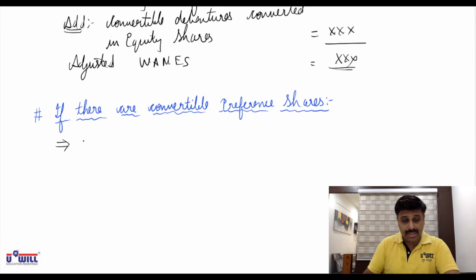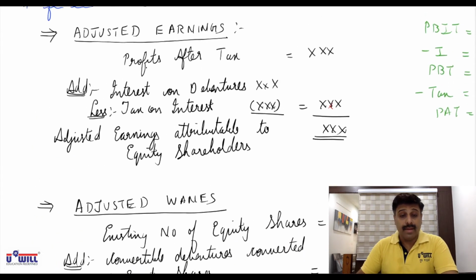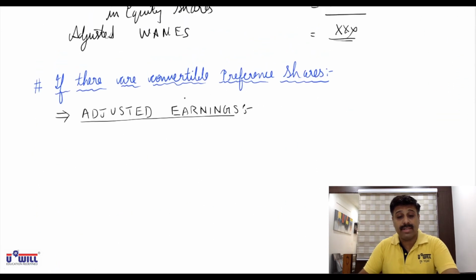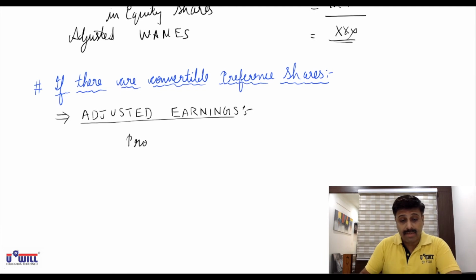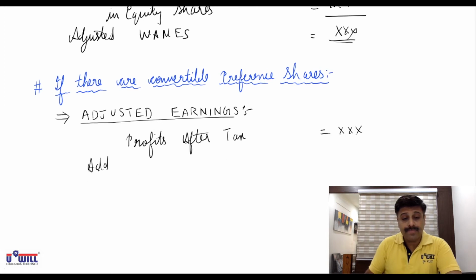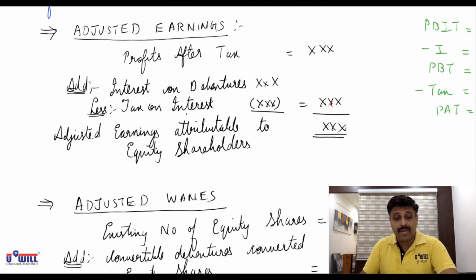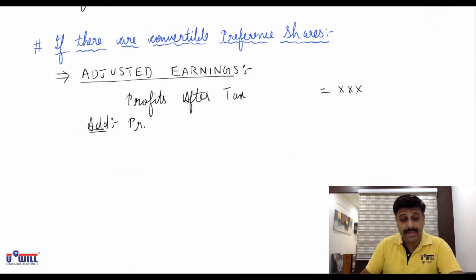So give the heading adjusted earnings. Now what did we do? In the existing profits after tax, we added interest on debentures. Same way here, if there are convertible preference shares in existing profits after tax, we will add, like we added interest on debentures, here we will add preference dividend.